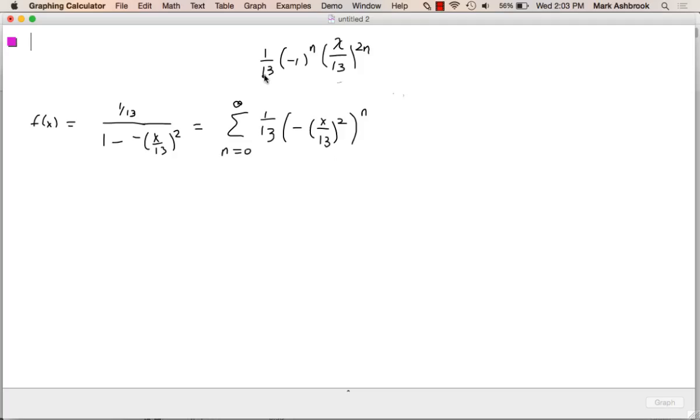And how many 13s do we have in the denominator? 2n plus 1. So let's do that instead: negative 1 to the n, 1 over 13 to the 2n plus 1. This really isolates the x, and then x to the 2n.